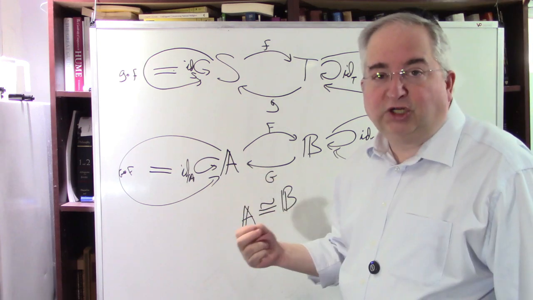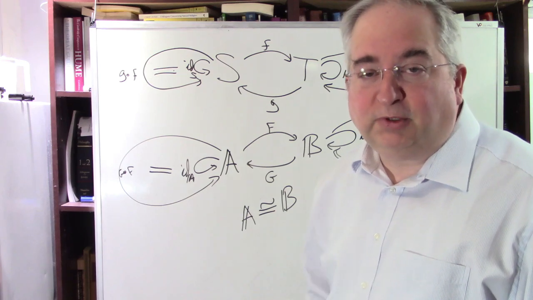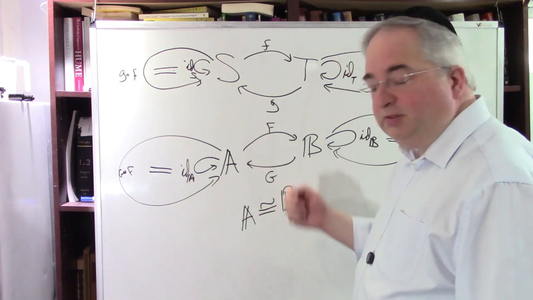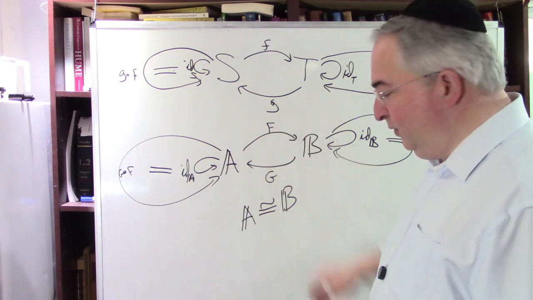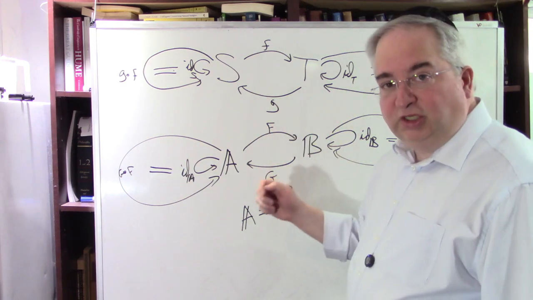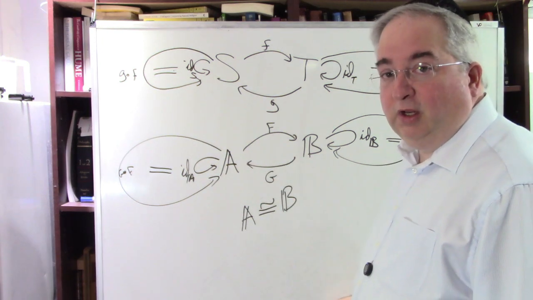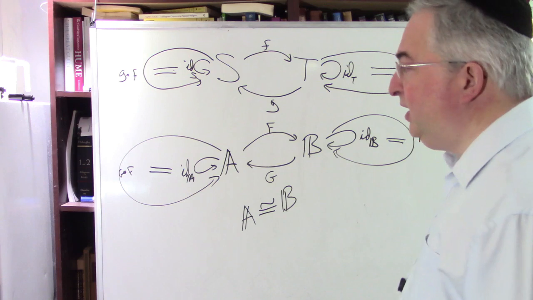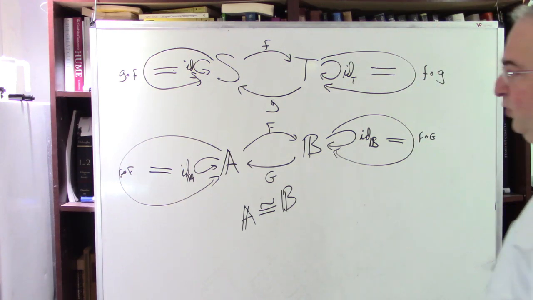Here, you're not only changing the names of the objects, you're also changing the names of the morphisms in between them. We're going to fix this. We're going to modify this definition twice in this chapter alone, and a few more times later in the rest of the book. But keep this picture in mind. It's a very important picture.